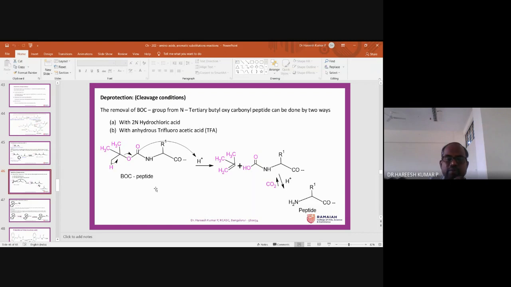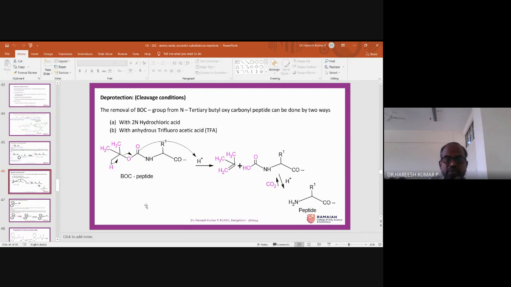So what will happen? This bond pair will come over here. Why is it coming here? Because the lone pair or bond pair is involved in a bond formation with H plus.